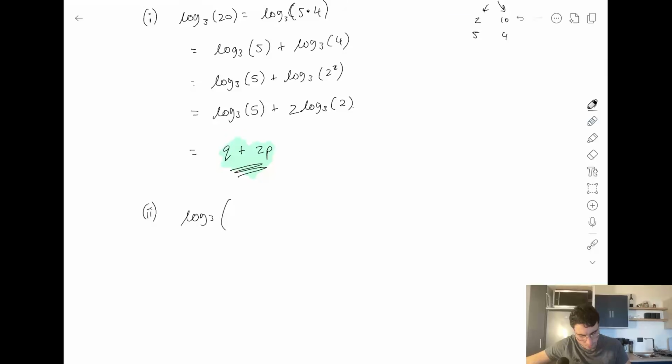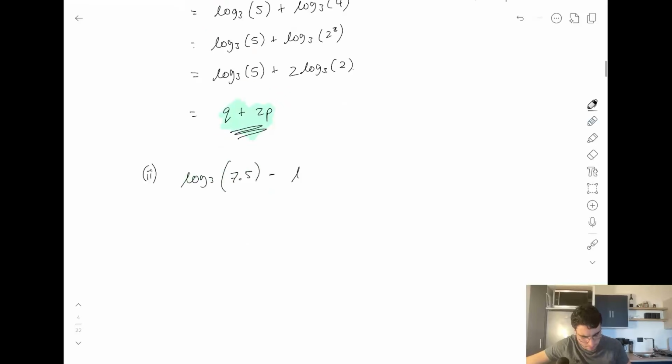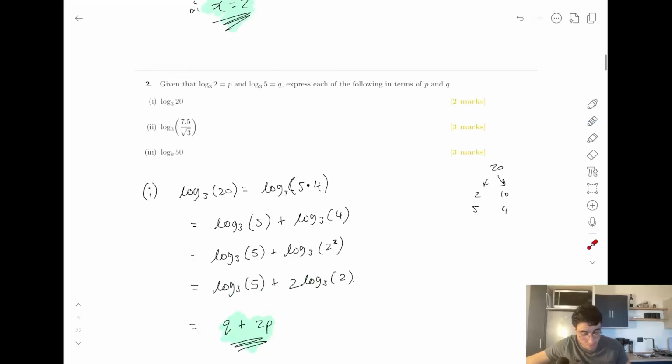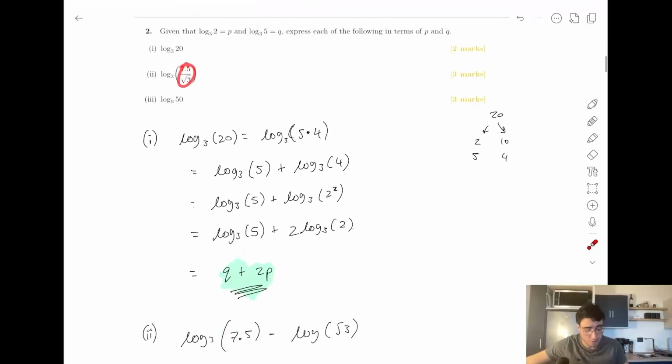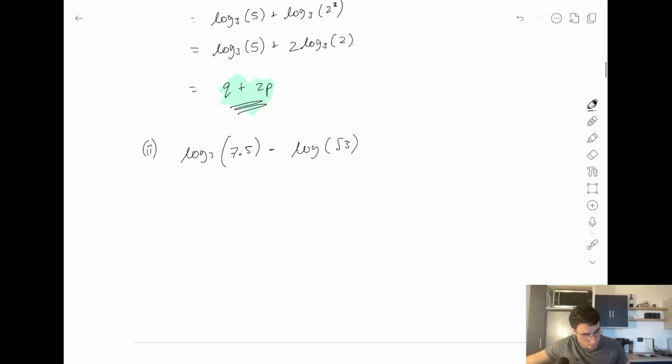So we've got 7.5 here, and we're minusing log root 3. Why? Because remember, this is a fraction. Whenever we have a fraction, division in other words, we can represent it as minuses. I'm going to change the 7.5 to 14 over 2. And what do we notice? Well, this is another fraction.